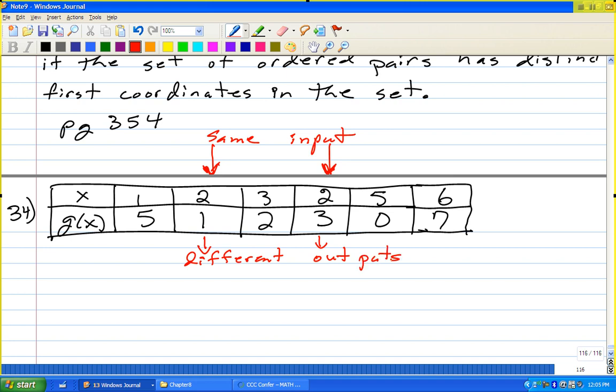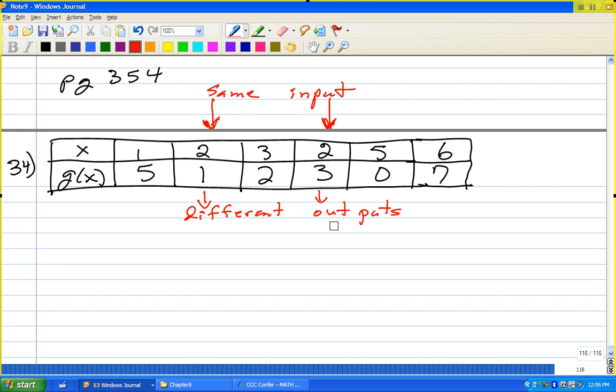So this is bad. You select number 2, sometimes you get a 1, sometimes you get a 3. So sometimes you get a candy bar when you select number 2 in your vending machine. Sometimes you get coal. So obviously you don't want that. Sometimes you input 2 and this gives you an output of 1. Sometimes you input 2 and you get an output of 3.